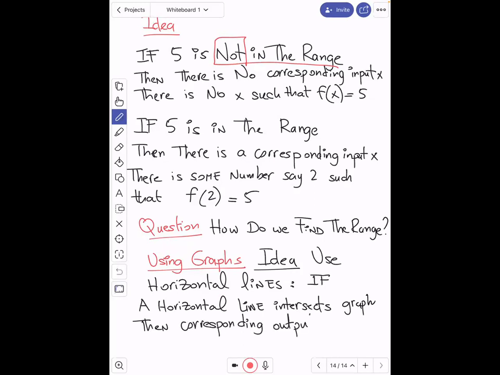And as you can see here, I don't really care about the input x, the horizontal axis. My output y is on the vertical axis. So the corresponding output y is in the range.